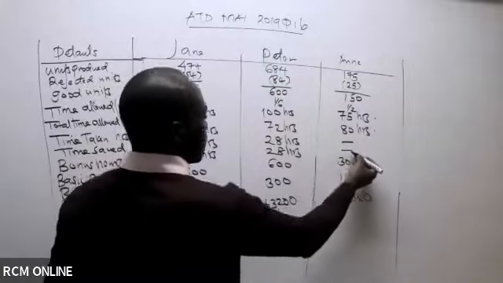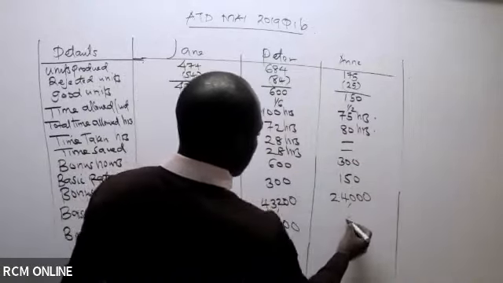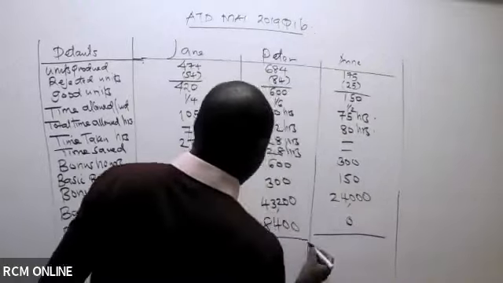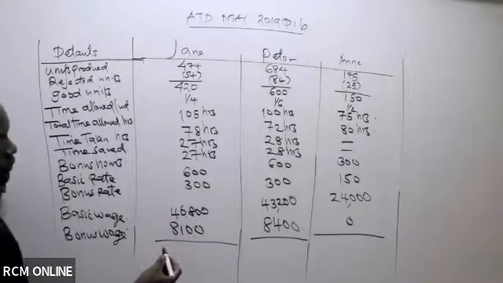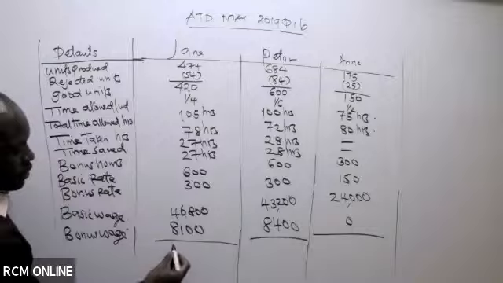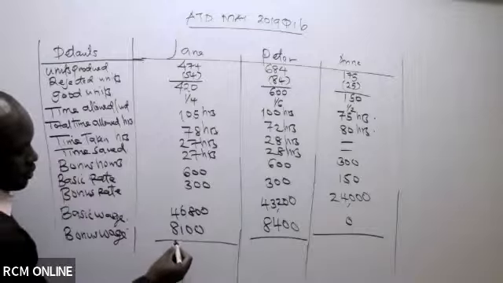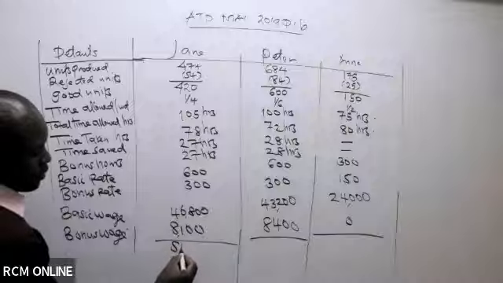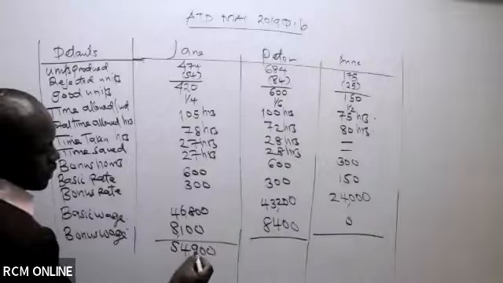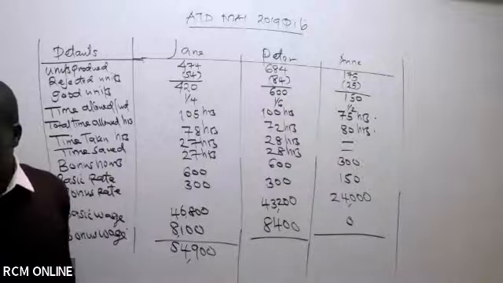Then we don't have bonus hours here, so we don't have anything for the bonus. And then you now get the total. This one here will be 54,900.